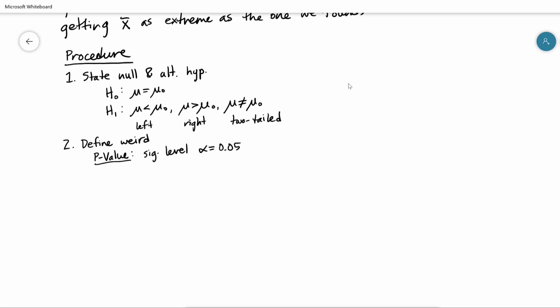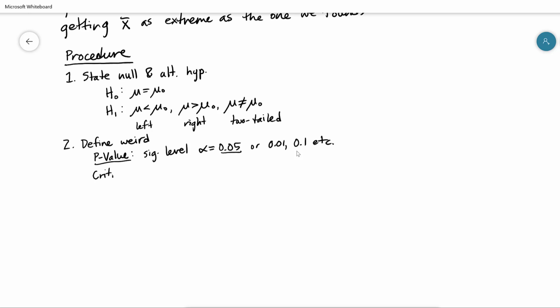It's given in the problem. It may not be 0.05, it may be 0.01 or 0.1, etc., but it'll be given. It's just an area / probability. And so what we're saying here is we're defining weird as anything that happens less than 5% of the time, or in this case, anything that happens less than 1% of the time, or in this third case, anything that happens less than 10% of the time. We get to pick, or alternatively, it will be stated in the problem.